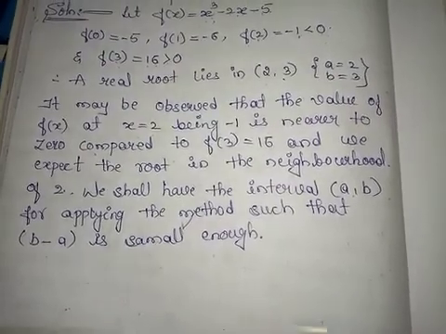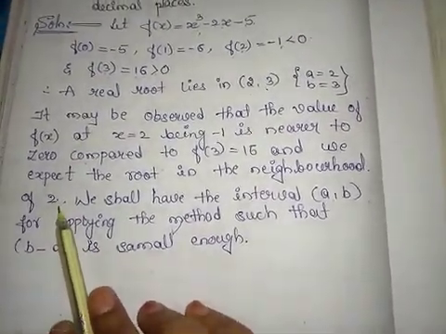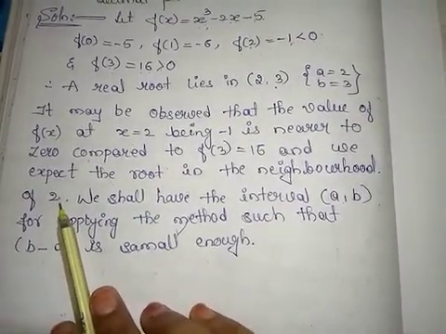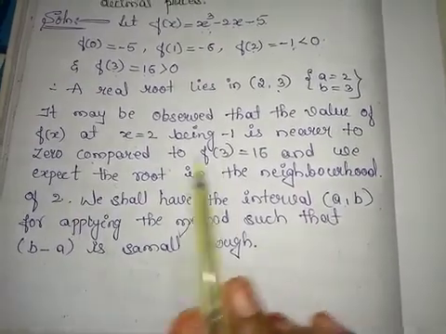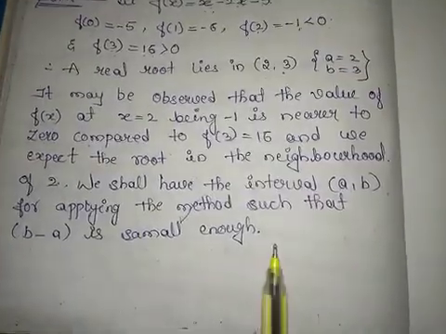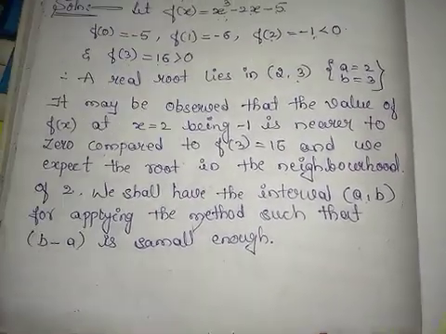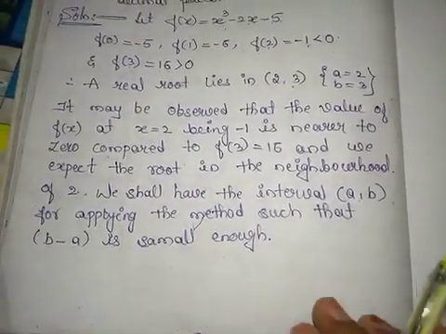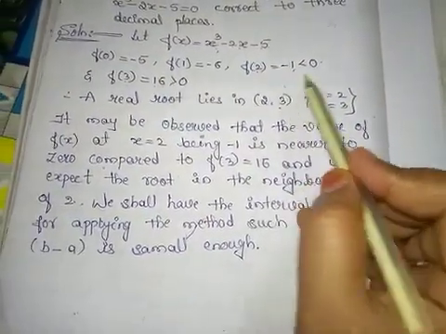For that we will take the value which is near to 0, because when x is 2, we get f of x equal to minus 1 which is near to 0. This is how we have to consider the values of a and b. This is the first step to find the values of a and b.